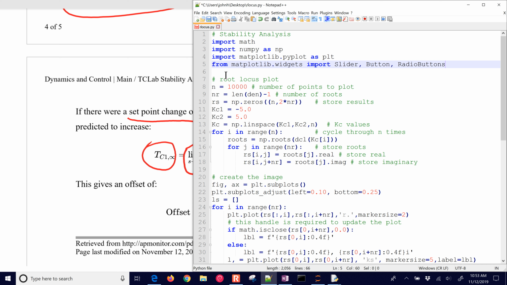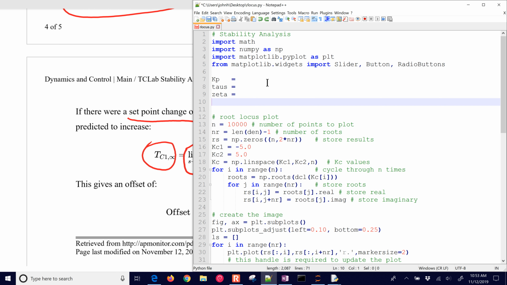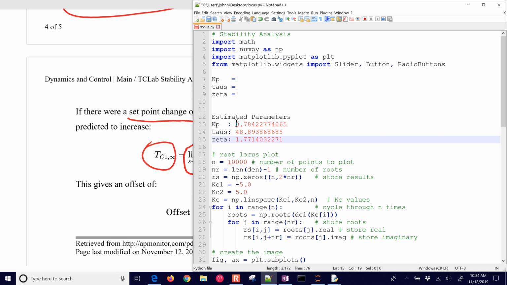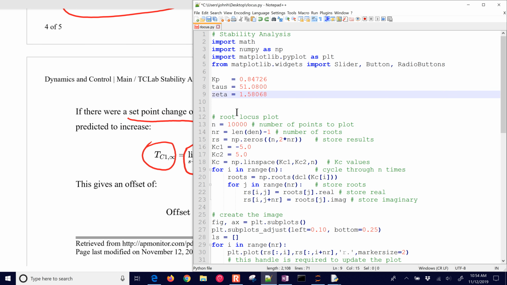I'll close this one out. We have our root locus plot. Alright, Kp, tau s, and zeta. And if I just copy these in from the estimated parameters, I'm going to paste these in. Actually, I need to add some more things here.